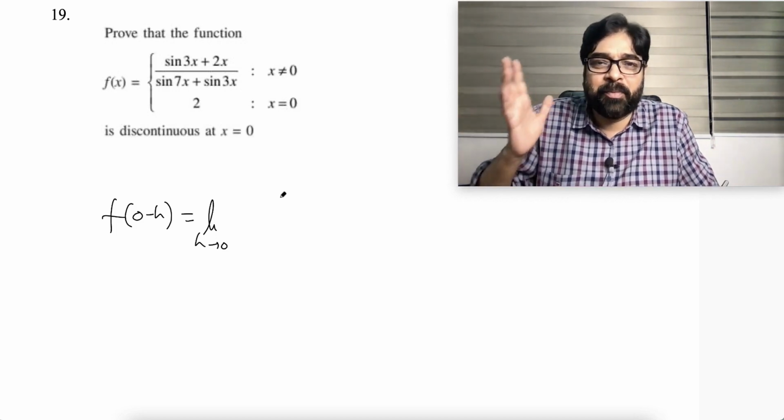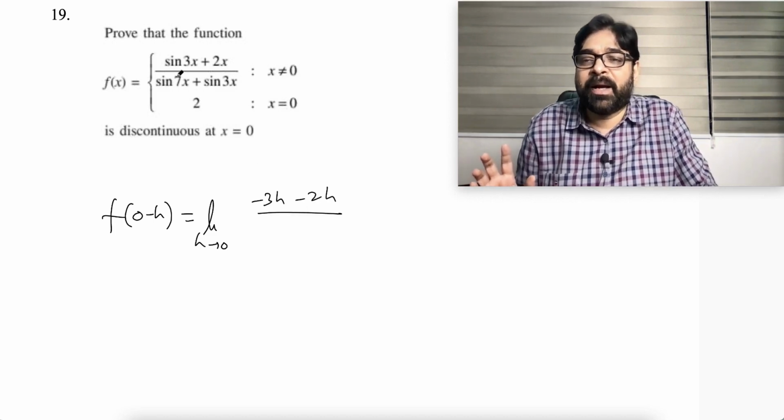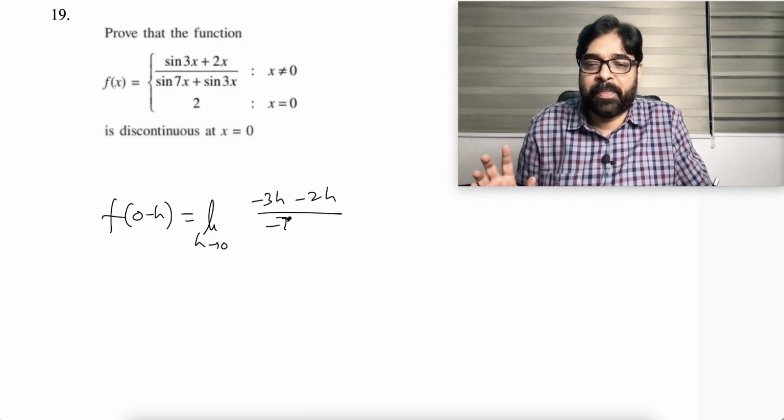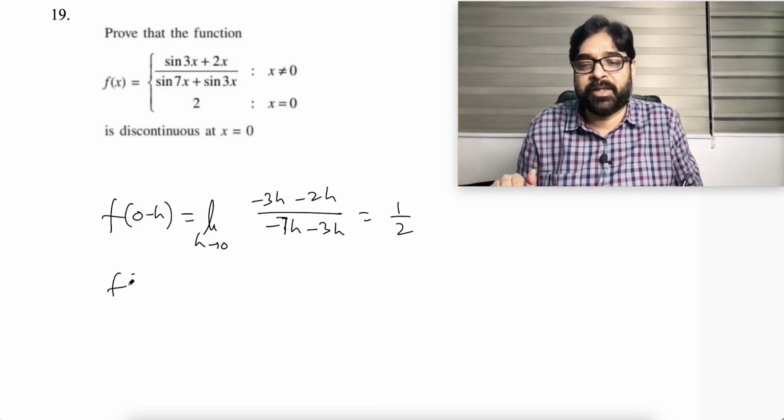Can I do it directly, orally? Sine minus 3h will be minus 3h, 2 minus h will be minus 2h, divided by minus 7h minus 3h. So minus 5h by minus 10h means 1 by 2.